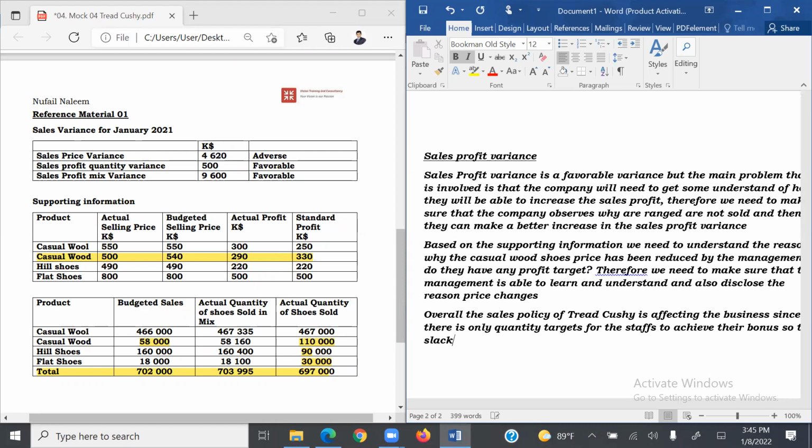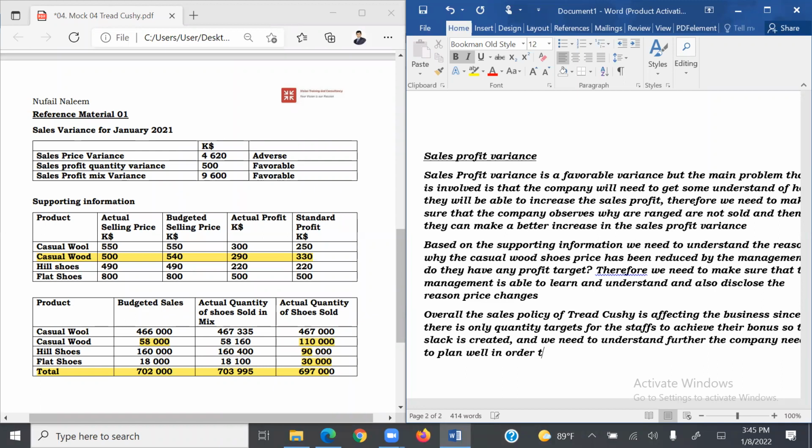Again, I am using the term, students, the slack is created. So the slack is created, and we need to understand further that the company needs to plan well.